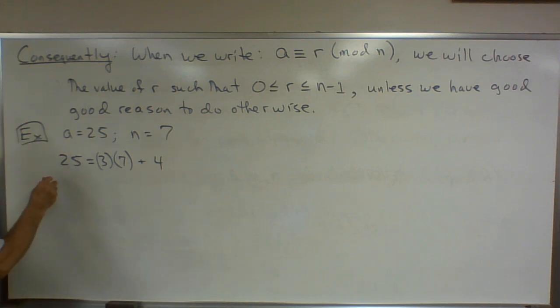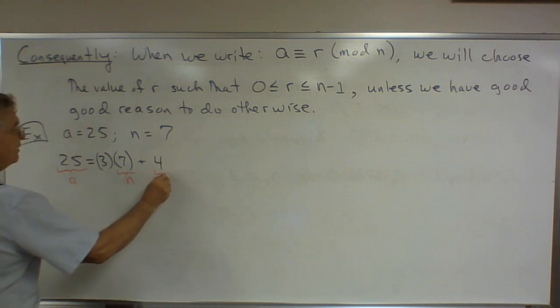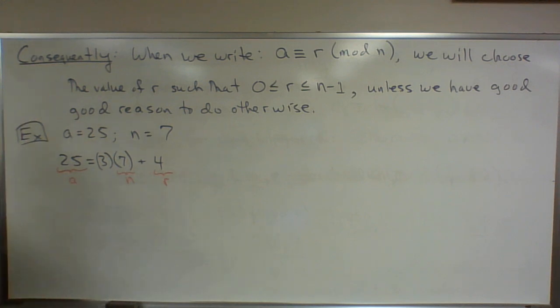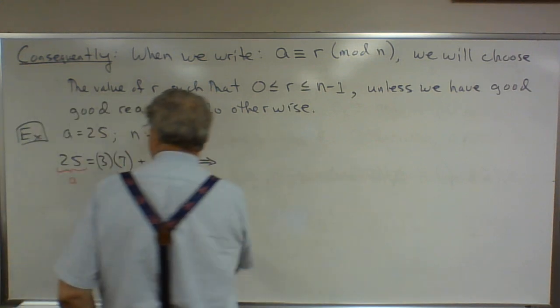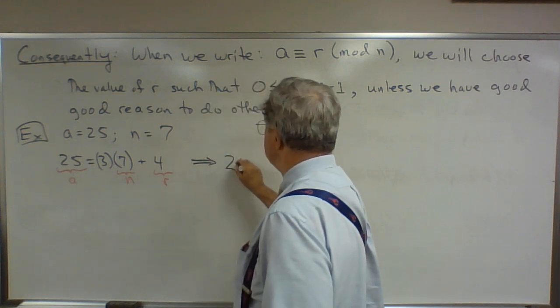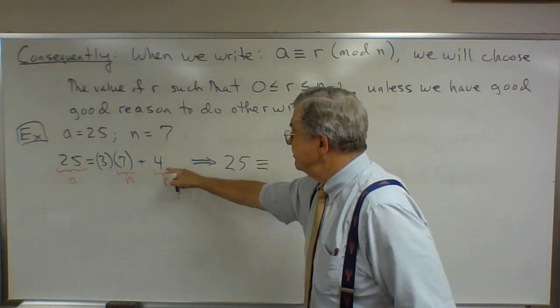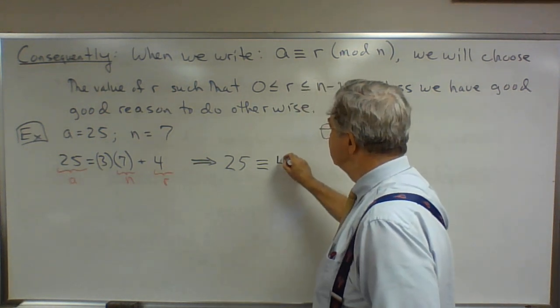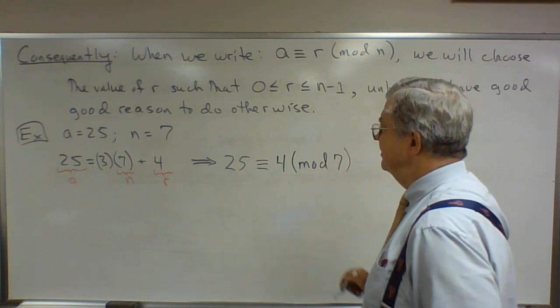And here's A, here's n, and here's our remainder. And so what we should say, unless we have good reason to do otherwise, is that 25 is congruent to R, which is 4, mod 7.